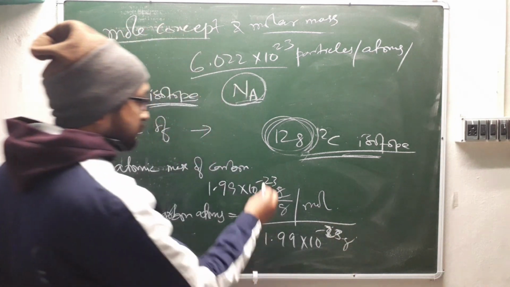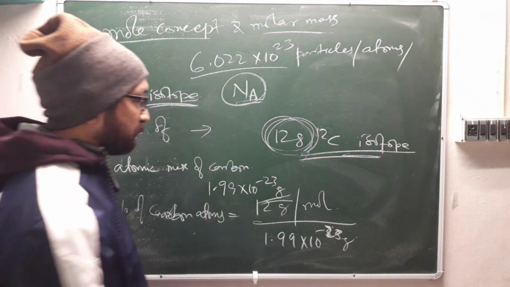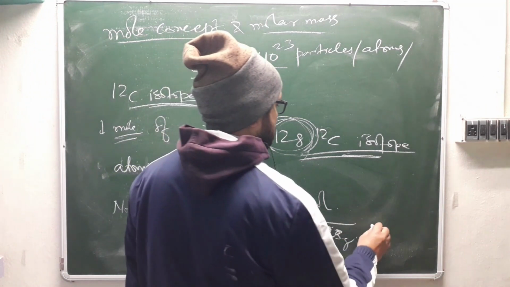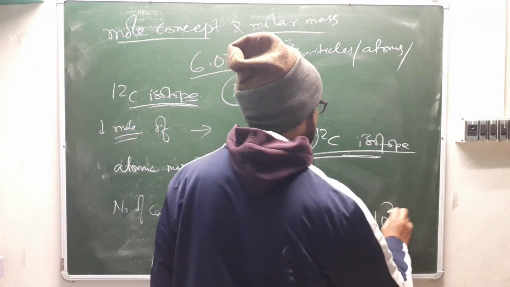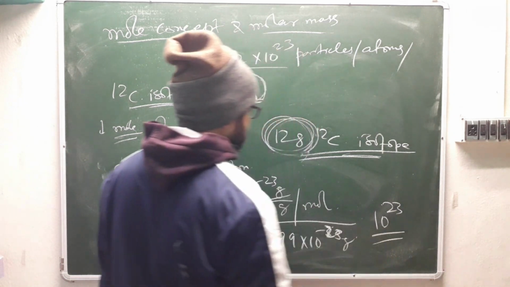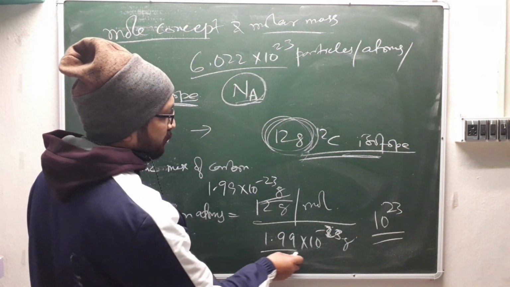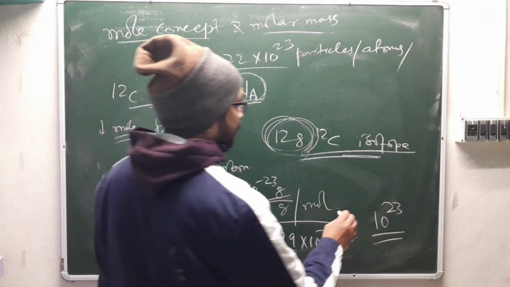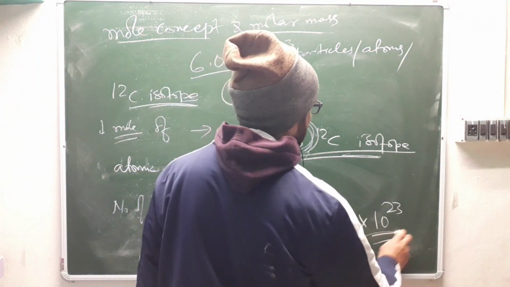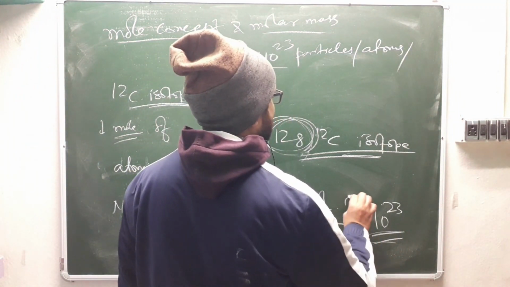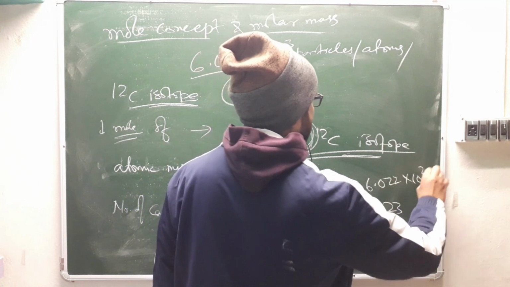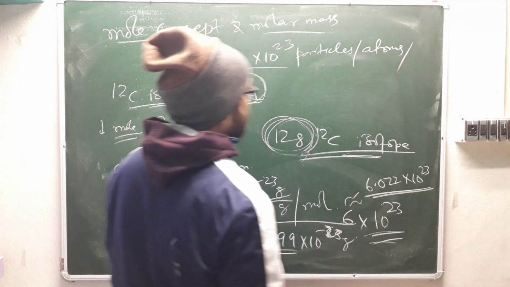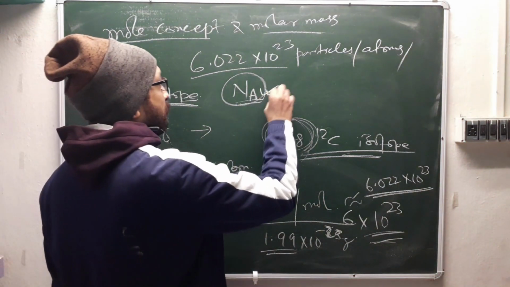Now just divide. The 10 to the power minus 23 will go up, and it becomes 10 to the power 23, and 1.99 is approximately 2. So 12 by 2 is 6, giving 6 into 10 to the power 23. Approximately it comes to 6.022 into 10 to the power 23, and this is the number we already discussed, Avogadro's number.